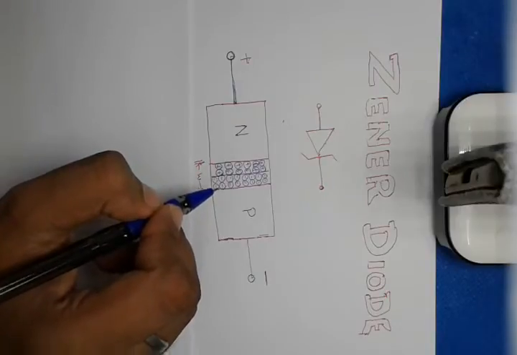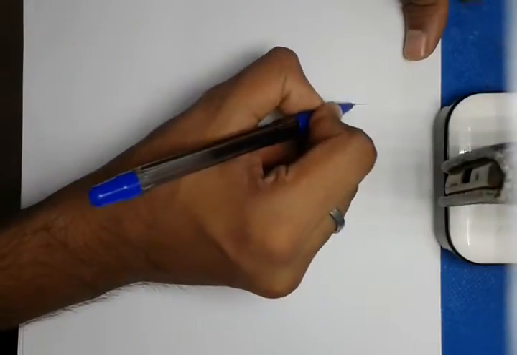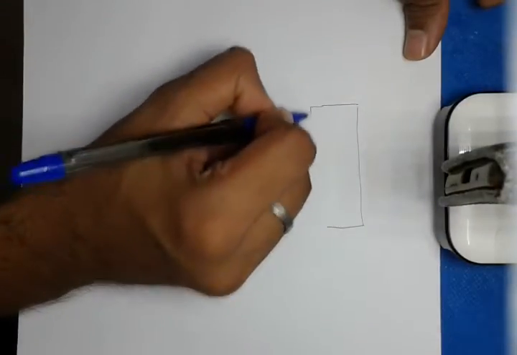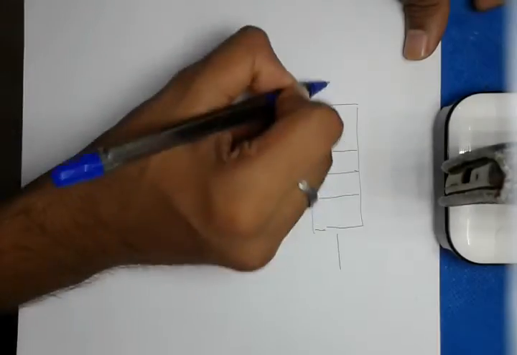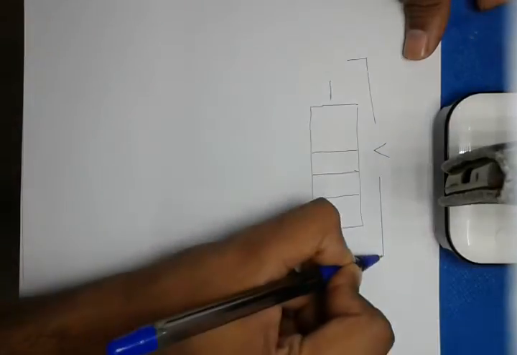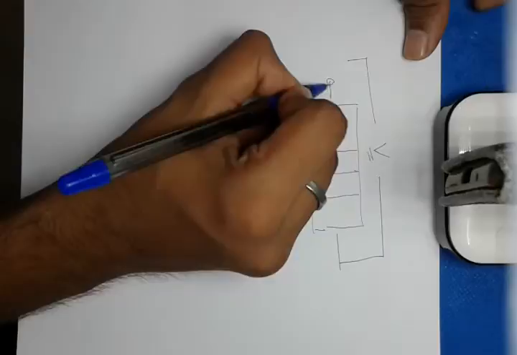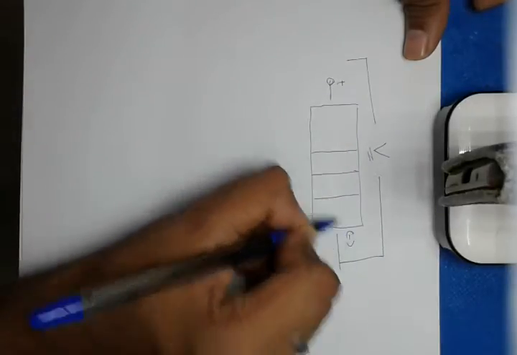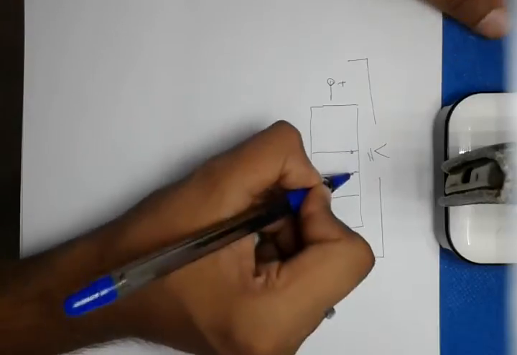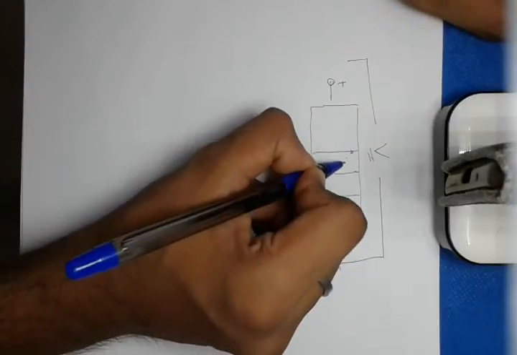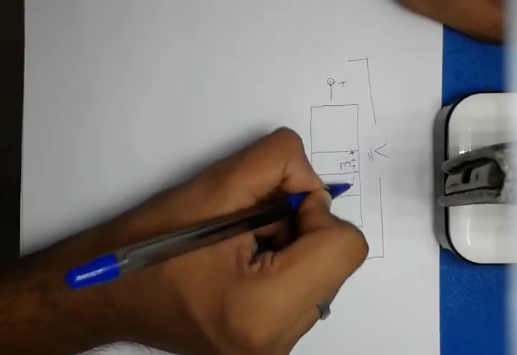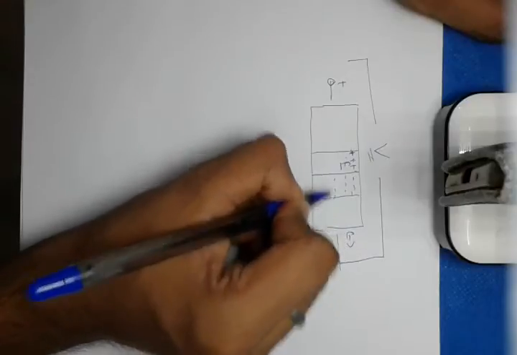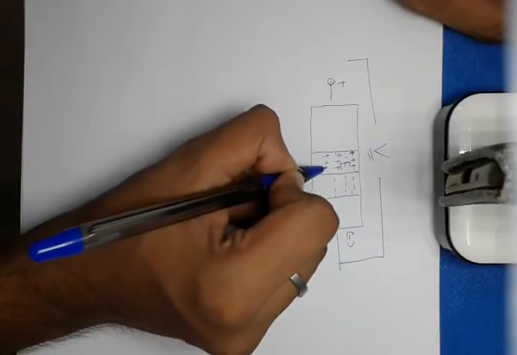For those of you who do not know what a Zener breakdown is, let's discuss that first. If we consider a PN junction reverse biased with a high voltage, where V is very high, it exerts a very high electric field because of the ionization of both the P and N sides of the barrier.